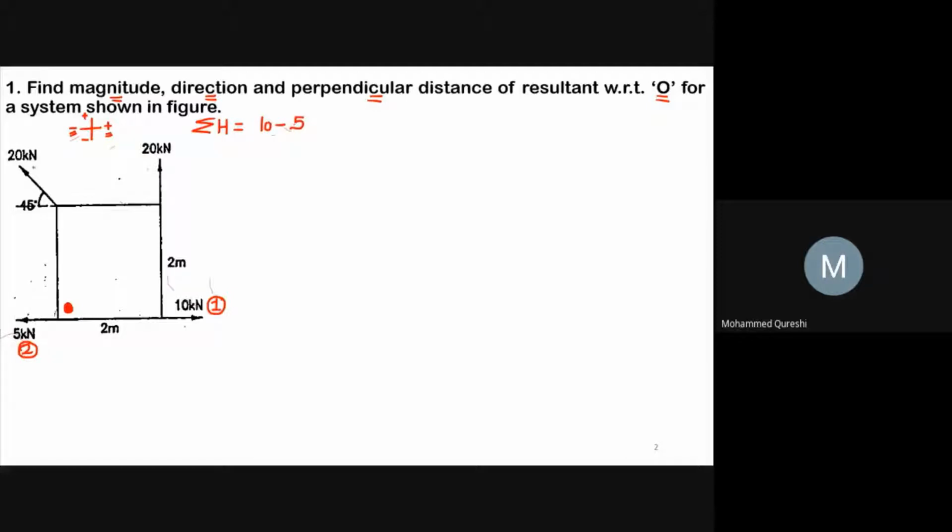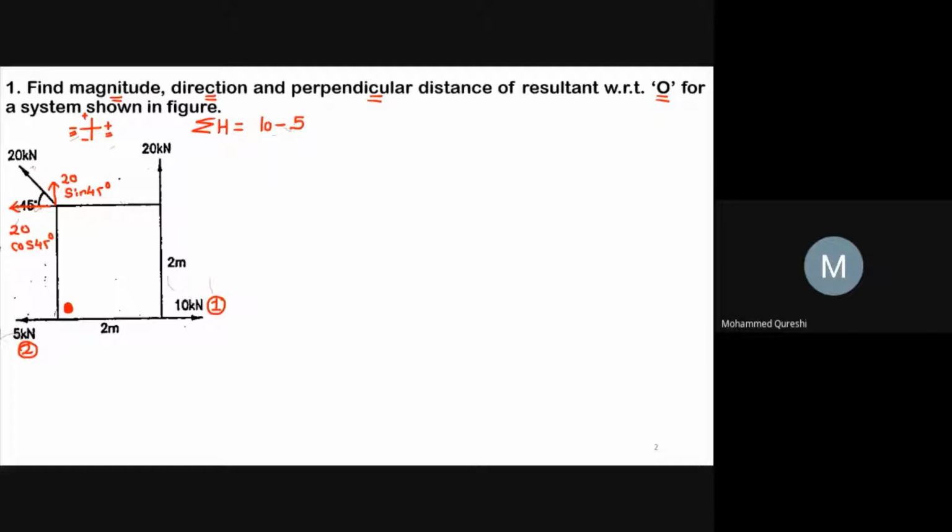Our next force, 20 kilonewton, is inclined and making an angle of 45 degrees with the horizontal x-axis. So one component will be 20 cos 45 and the second component will be 20 sin 45 degrees.